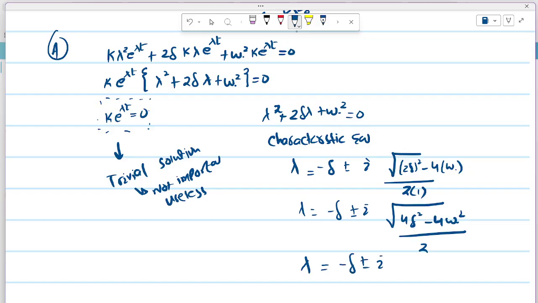When 4 comes out, it will be 2, and 2 will cancel out each other. You can write as delta square minus omega square. That's the solution for this one.